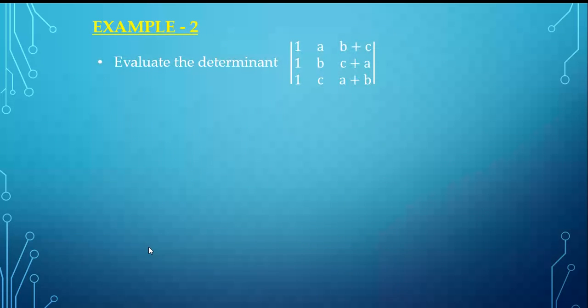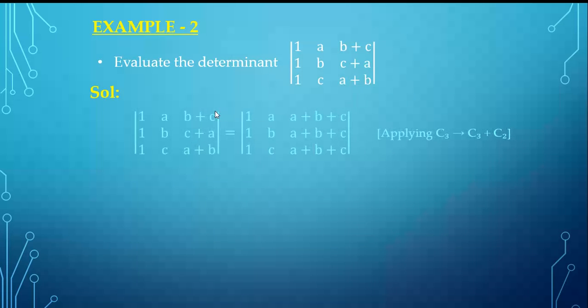Clear? Now next we have to evaluate this determinant, meaning we need to find the value of this determinant. See, how can we solve this by using the property? When we solve any determinant, we can add the elements of the rows or the elements of the columns. It depends on you which property you want to use to find your result.